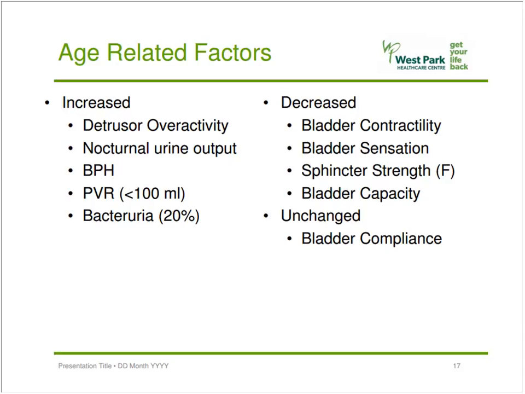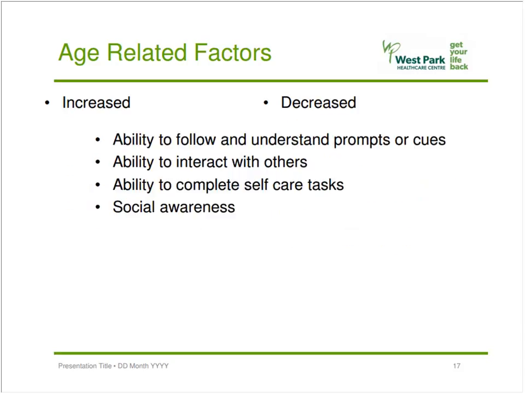On the flip side, there's a decrease in the effectiveness of the contraction of the bladder for emptying, a decrease in bladder sensation, sphincter strength in women, bladder capacity, how much the bladder can hold, and bladder compliance is unchanged.